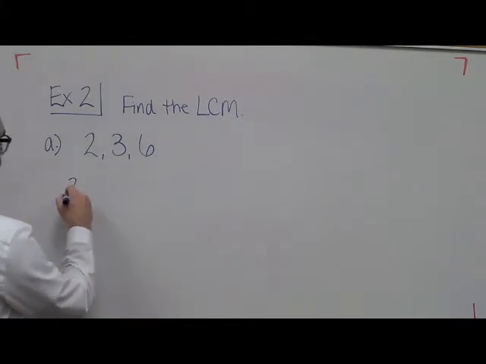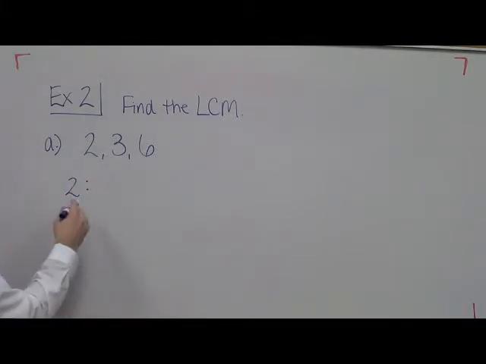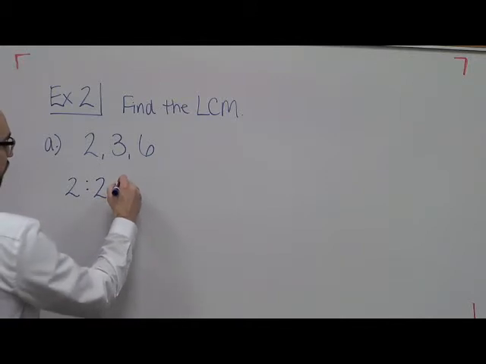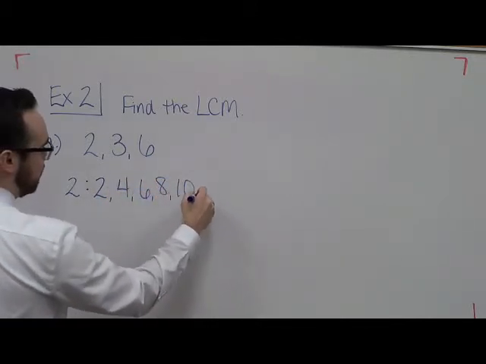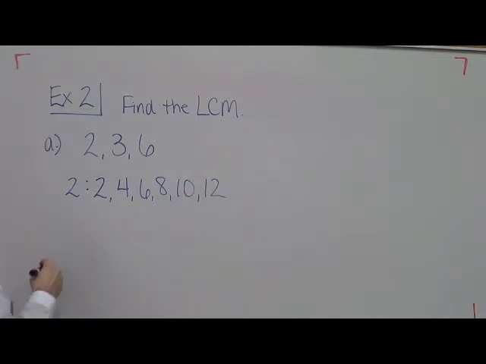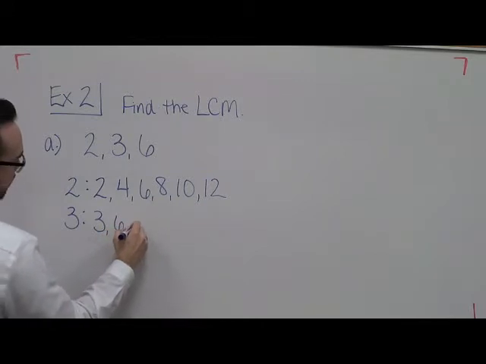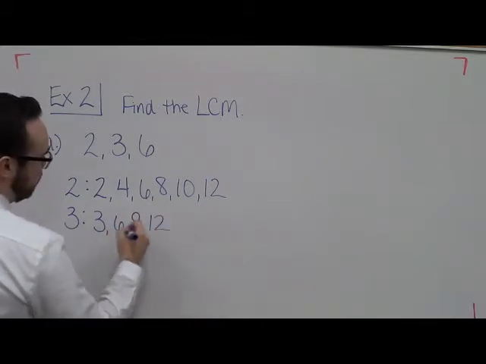So what we're going to do is list the multiples. So 2, 4, 6, 8, 10, 12. With 3: 3, 6, 9, 12.